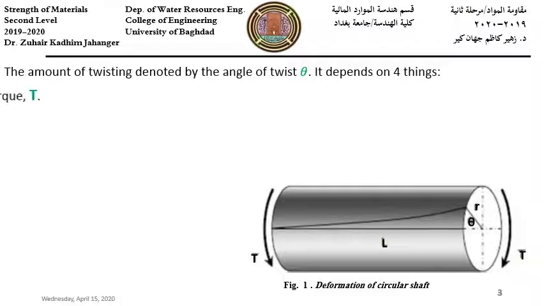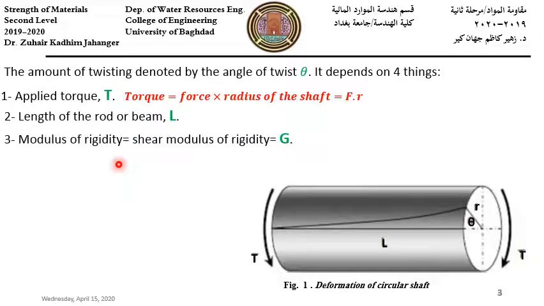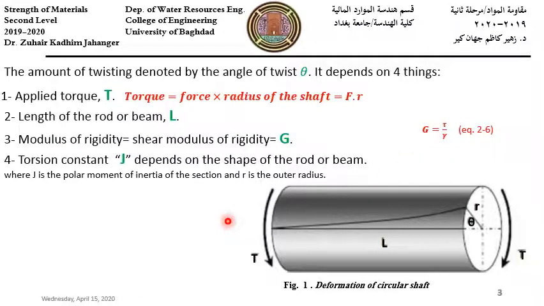It depends on four very important things. Number one, the applied torque, which is force times radius of the shaft; the length of the rod or beam, L; the modulus of rigidity or shear modulus of rigidity, G capital, don't forget G capital equals tau over gamma; and the torsion constant J. J is the polar moment of inertia of the section, and R is the outer radius of the rod or shaft.